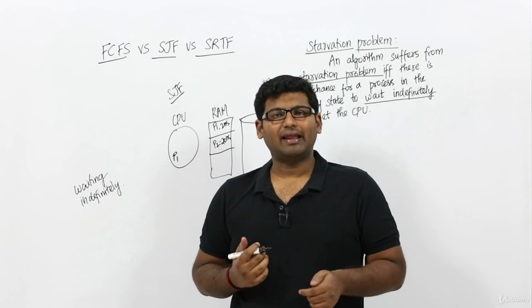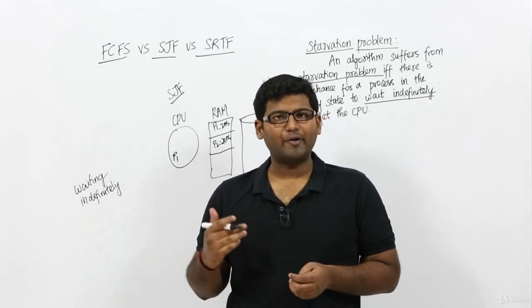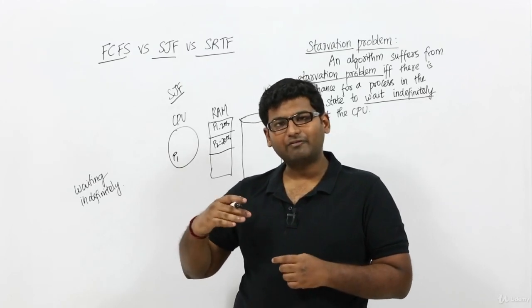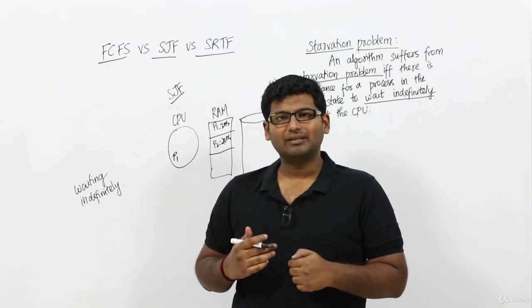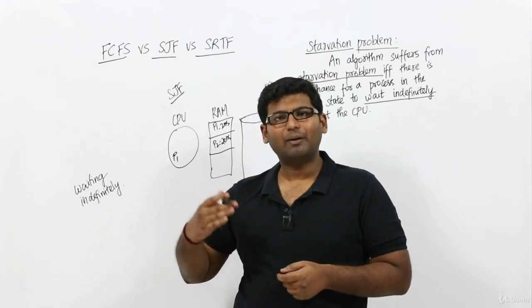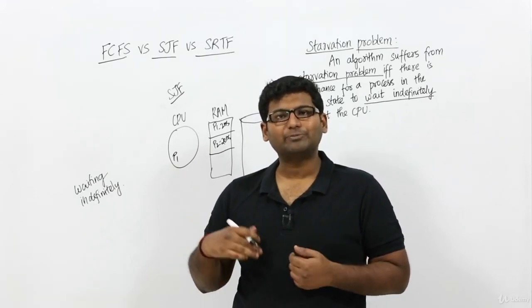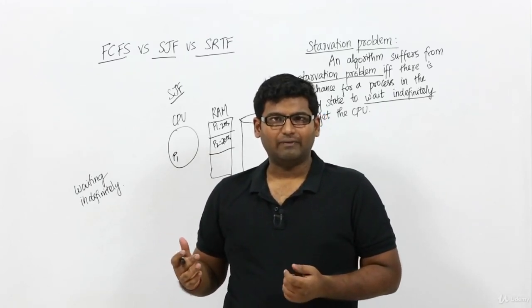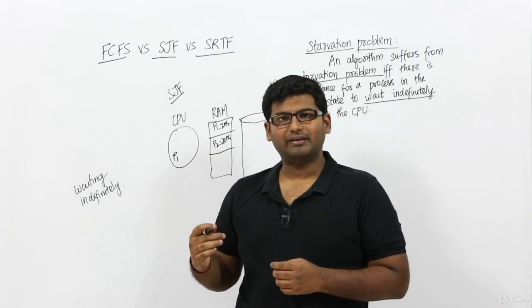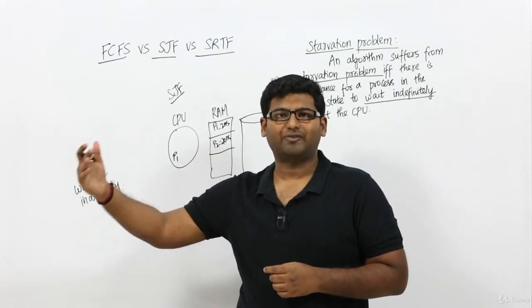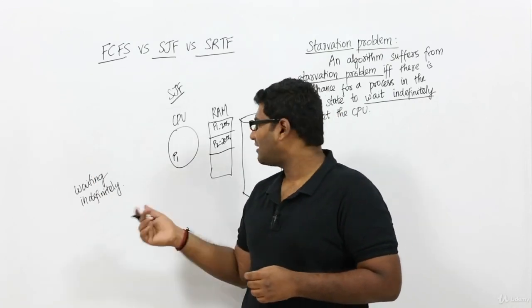That event can happen today, or tomorrow, or after 100 years, or after 200 years, which means the event's occurrence keeps on postponing, and I keep on expecting that it will happen today, it will happen tomorrow, like that. The event's occurrence keeps on postponing further and further. That's what we mean by waiting indefinitely.